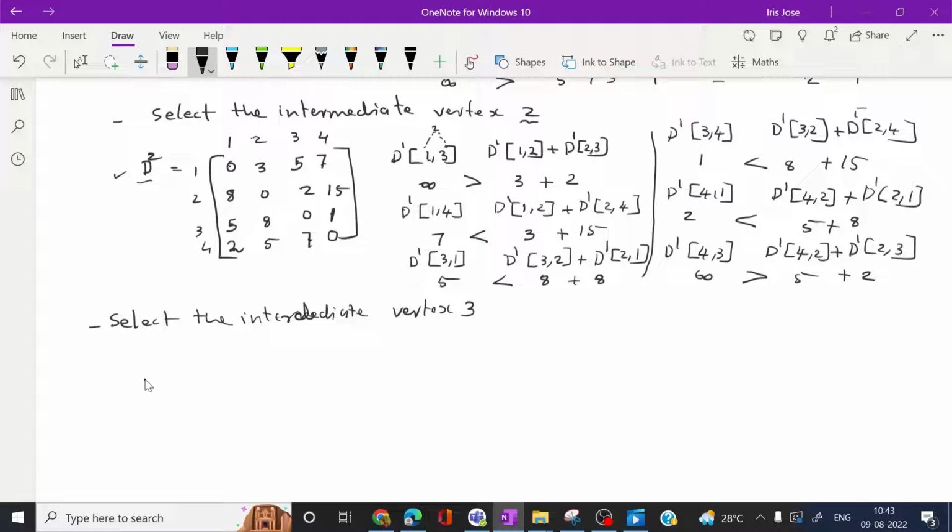So we will get D3. Here we have to keep the third row and third column fixed. These are 1, 2, 3, 4, and here also 1, 2, 3, 4. So we will keep the third row the same. The third row here is 5 8 0 1.